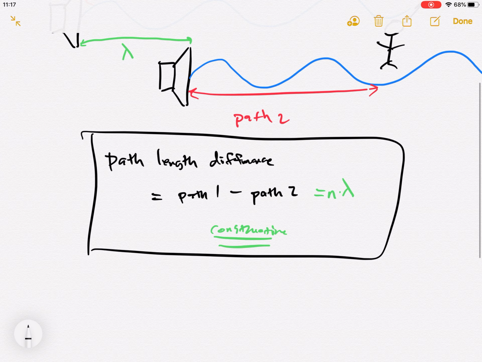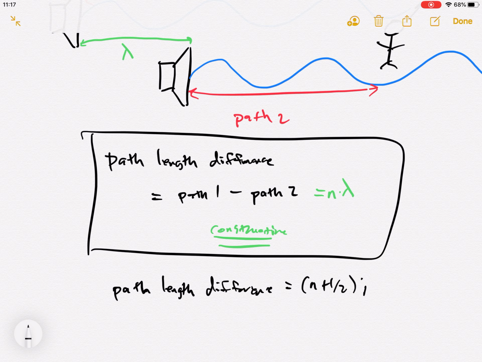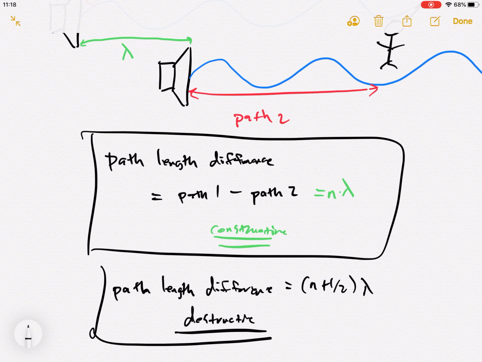If the path length difference is a half lambda, or lambda plus a half, or 2 lambda plus a half, if it's an extra half, so we could say n plus a half lambda, that's destructive. So what matters is the path length difference.